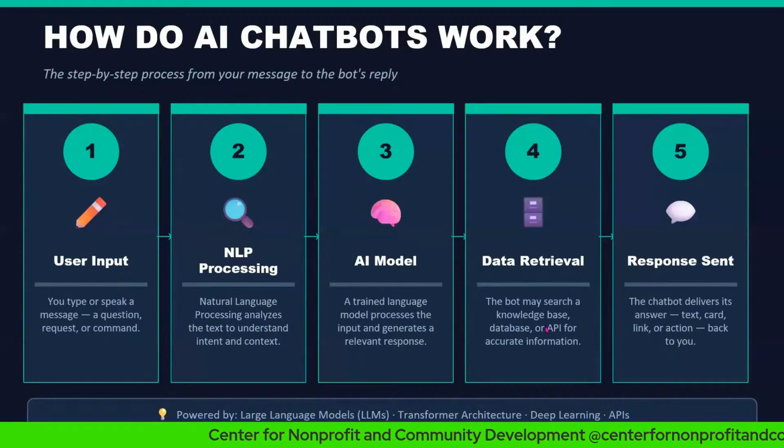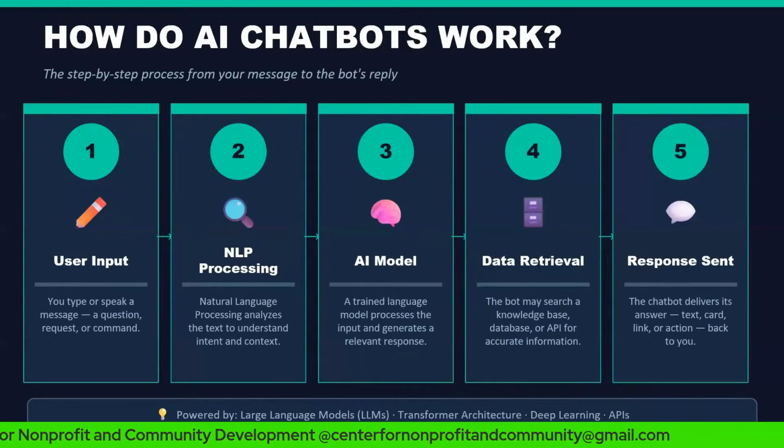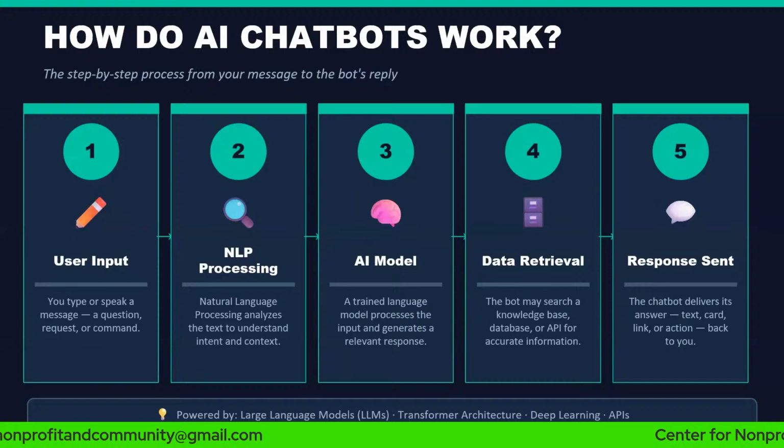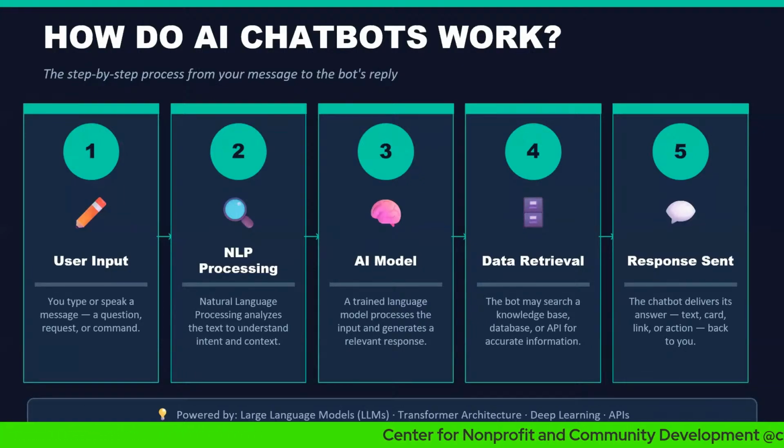So how do AI chatbots work? Let's start with a step-by-step process from the message to the bot's reply. What happens first? Well, you put in information. Step one, which is user input.